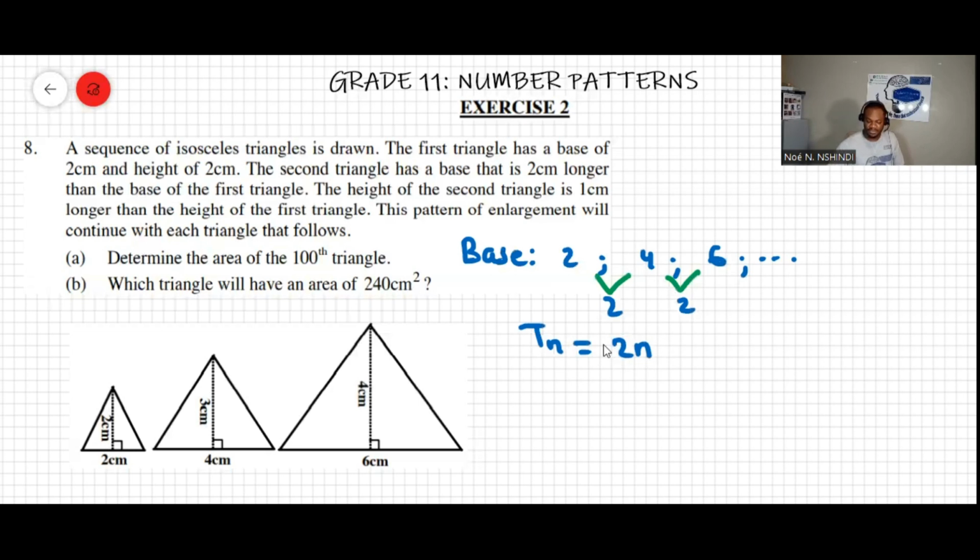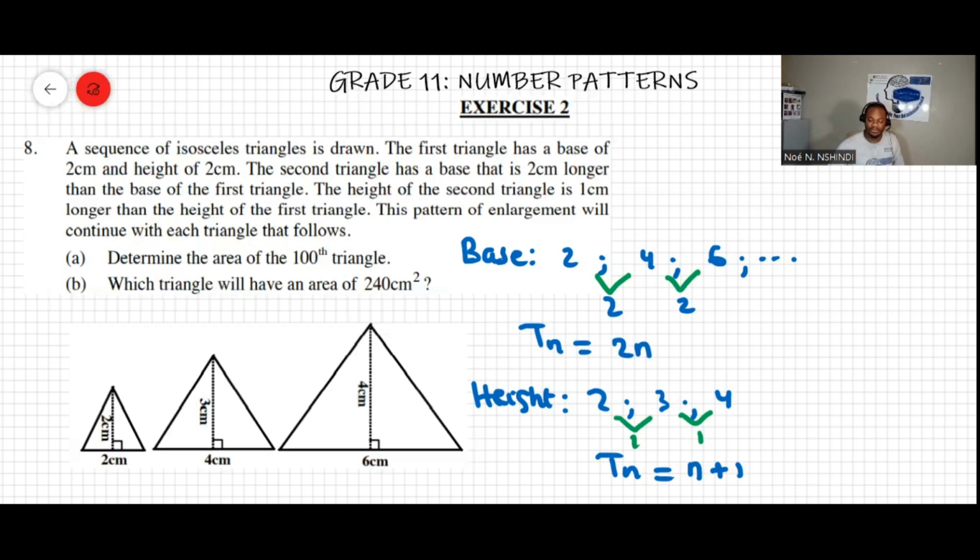Now for the base, for the height, the pattern is 2, 3, 4, etc. And the constant difference is just 1. Therefore, we can just say Tn will be equal to 1n. So 1n is just n. And if you have 1 to get 2, we plus 1. So n plus 1.